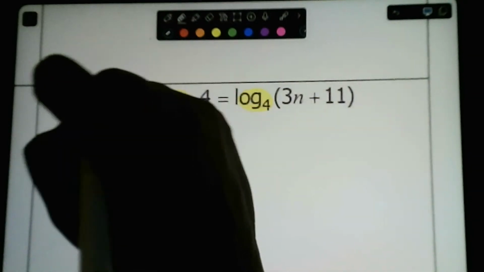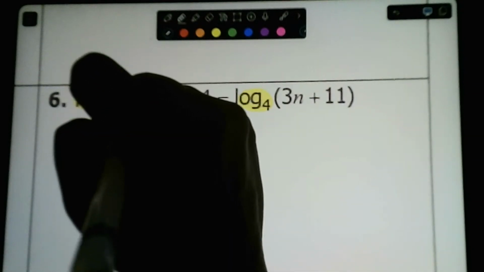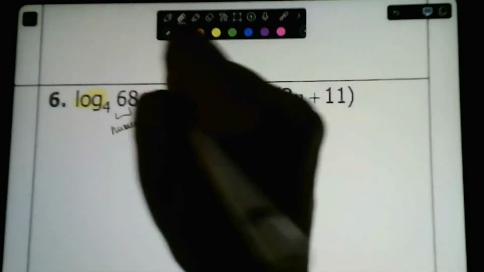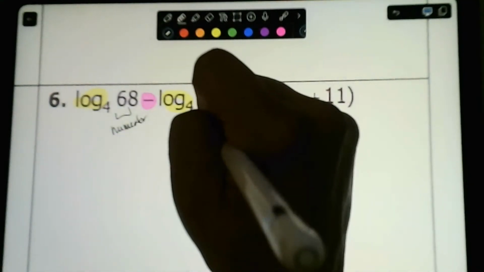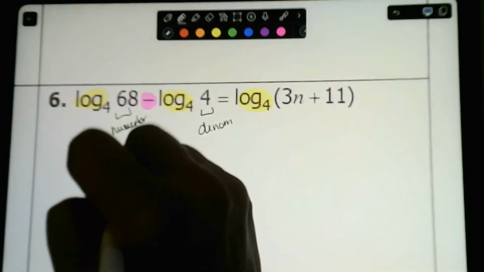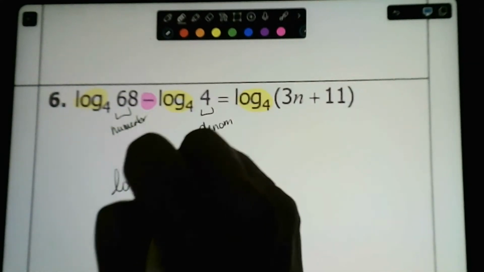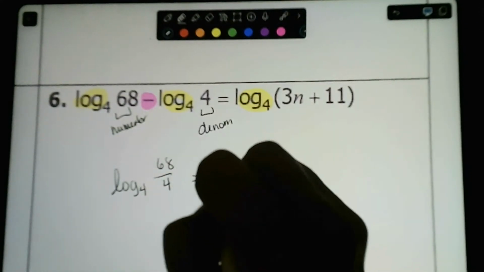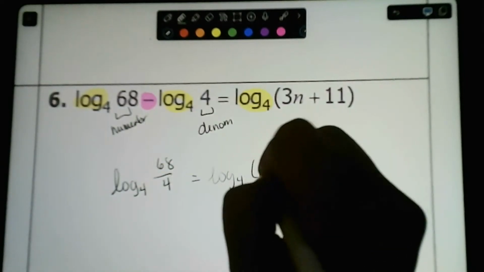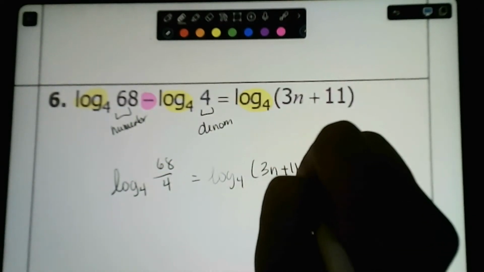So this becomes my numerator, and this becomes my denominator. And so I can combine that into the single log base 4 of 68 over 4 equals log base 4 of 3n plus 11.